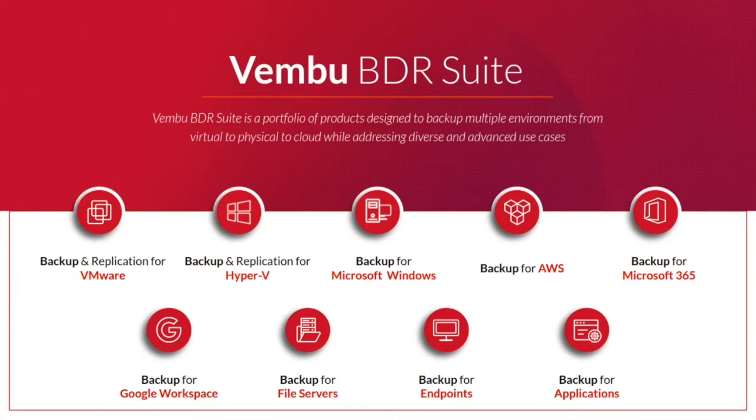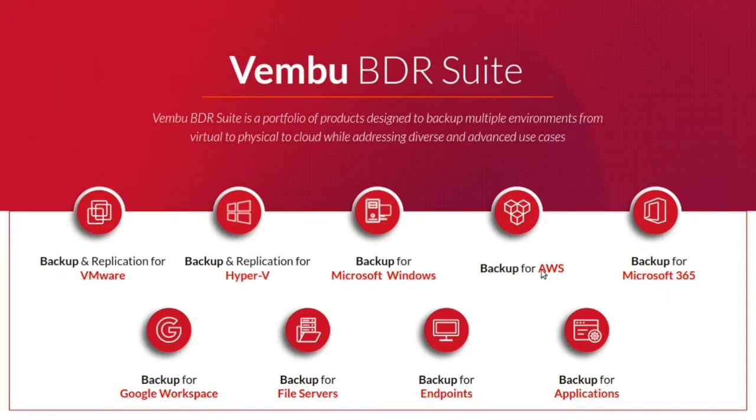If something goes wrong, we support bare metal recovery, so you can restore the backup data to the same or new hardware, or you can migrate the physical servers or workstation to a virtualized environment. The recovery point objective for this is also 15 minutes, and the recovery time objective is 15 minutes.